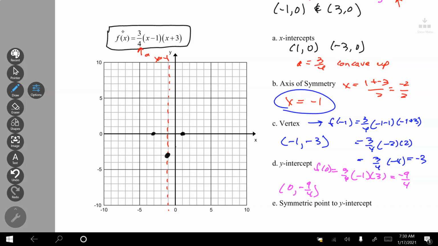So it's kind of hard to plot that exactly, but it's right around here. And its buddy point is going to be 1 square away from the axis, so its buddy point would be right here. And that's double the x value of the axis of symmetry, so negative 2, negative 9/4. I could draw my parabola like this.